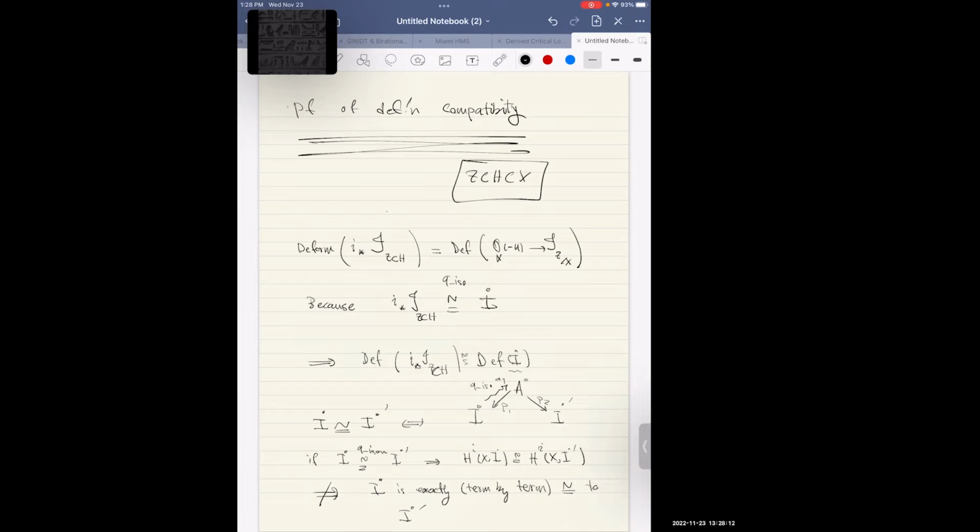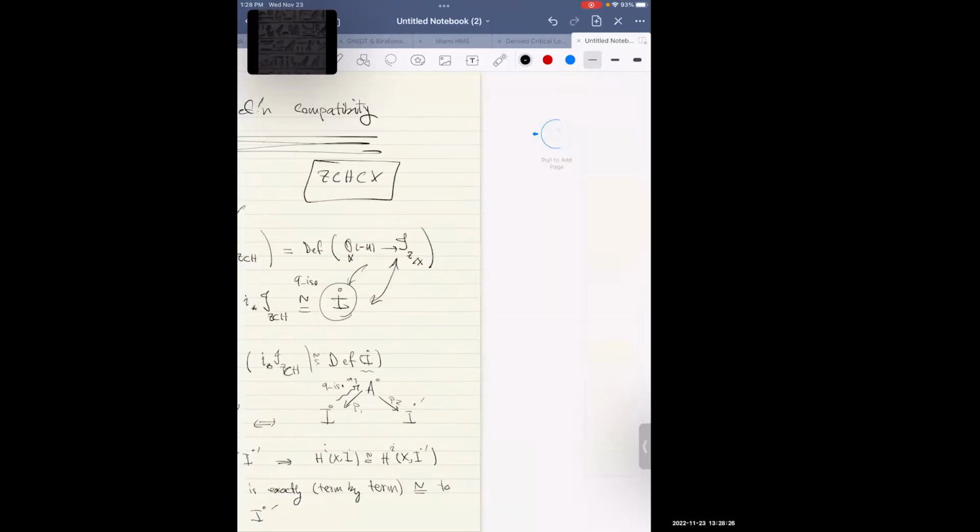Because as an object in the derived category, the deformation of this torsion sheaf is always the deformation of I dot. But what is not clear is whether the deformation of I dot is always a 2-term complex, which is the deformation of these two things.